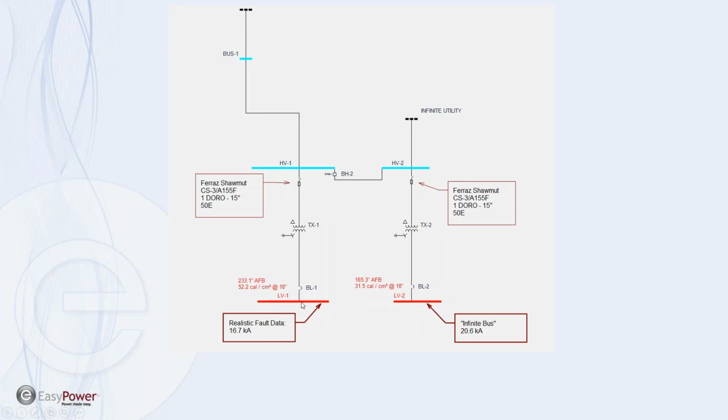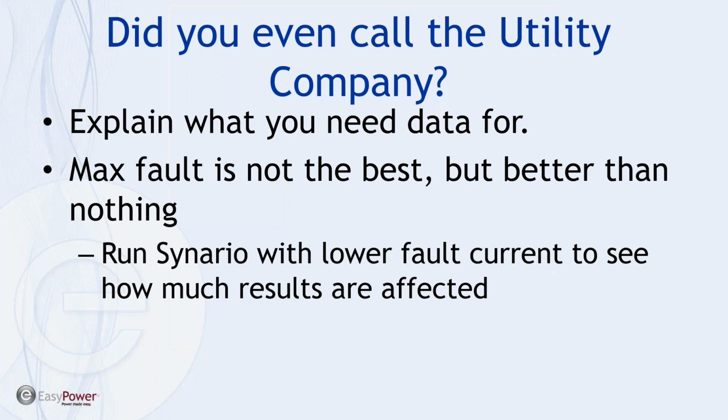And again, this is a little bit counterintuitive, and that's why I continually run into the arc flash paradox. But this is a case, and frequently it is the case, that a more conservative arc flash result will occur with the realistic fault current. So again, I encourage you to duplicate the example that you find in the handout. Now, the other question that comes up is if you're using the infinite source, did you even call the utility company?